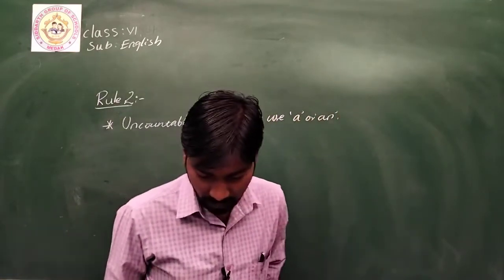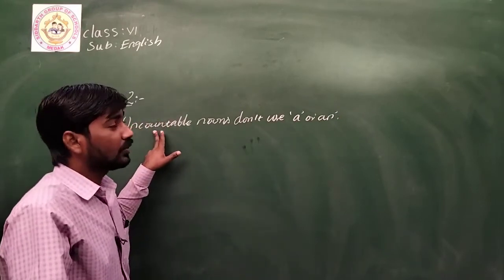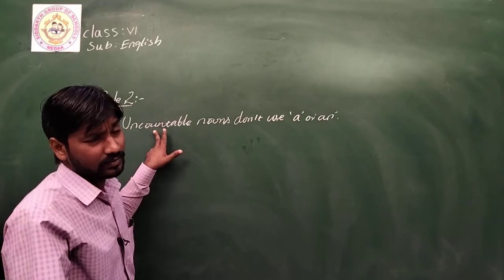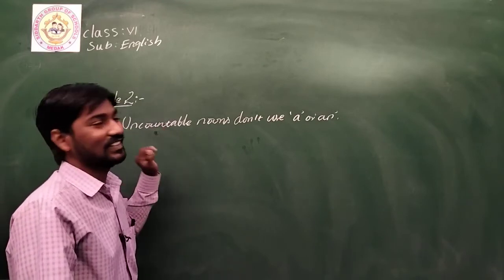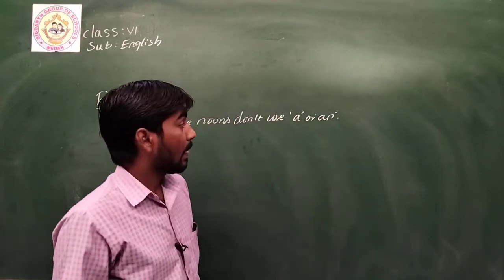Only countable nouns will get a or an. Why don't uncountable nouns use a or an? Will you say a water or an water? We will say the water. So that is the difference. So now uncountable nouns won't use a or an.